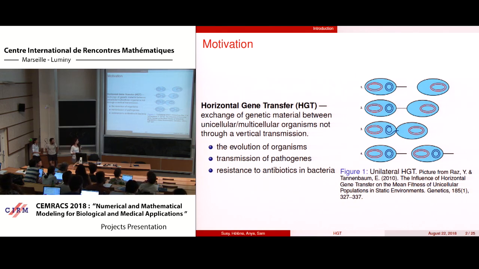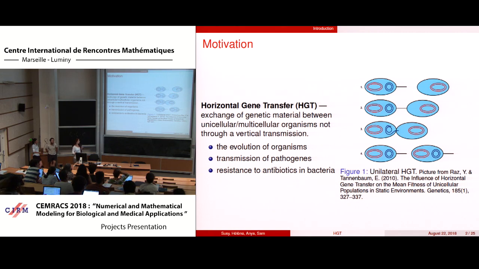Here we have just a scheme of how it looks approximately in a biological context. So we have here just two bacteria, and one of them is carrying some plasmid, and after exchange, this plasmid is also transmitted to the second bacterium, so that they become identical.